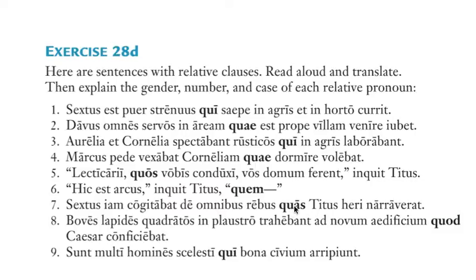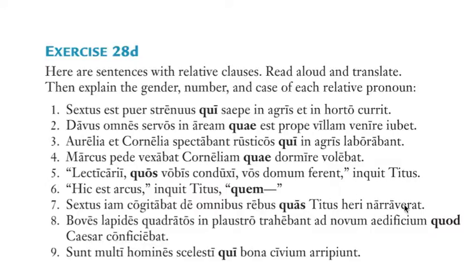But how is this pronoun functioning within its clause? If we start here at the quas and go to the end, and we look at the structure of that clause, we're going to see that Titus is the subject. He's the one who had been doing the telling. And what had he told? He had told all these things. So quas here is the direct object of this verb.